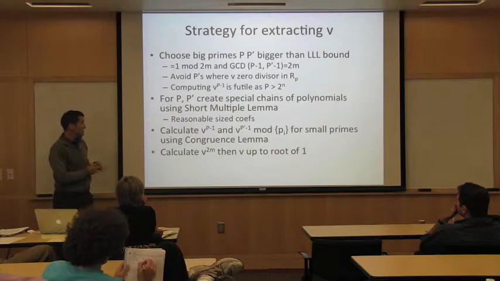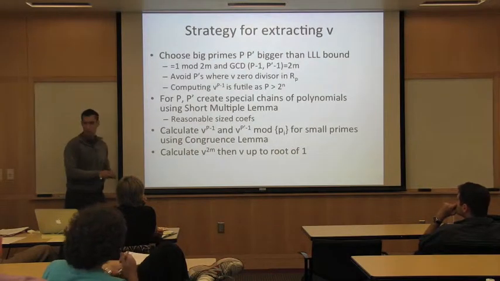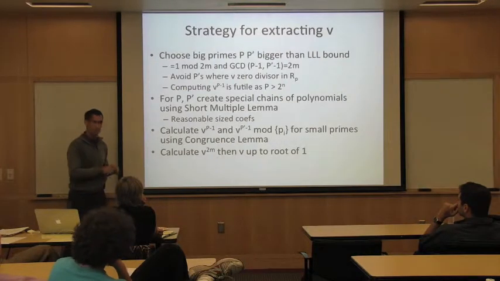Every single term in these chains of polynomials will have reasonably sized coefficients. By reasonably sized, I mean you can write it down. More technically, the norms are less than the LLL bound.